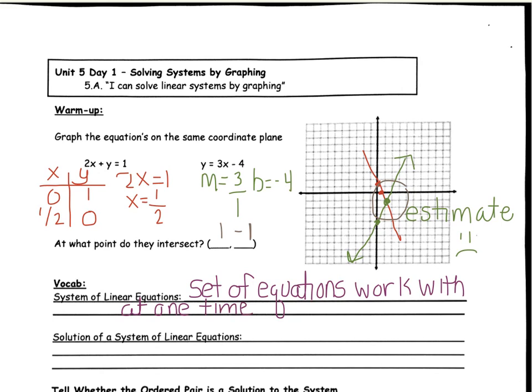So now a solution of a system is where they intersect. So it's an ordered pair. Now I will be looking for the exact ordered pair, so we will be looking for better graphs.